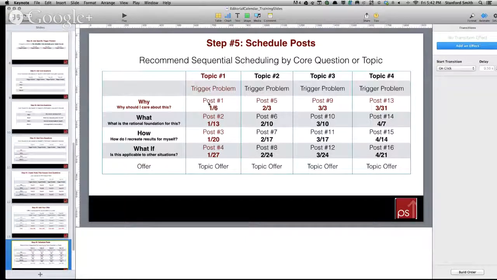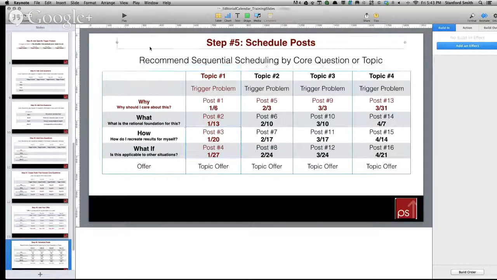I don't think you should do post number 1, then move to post number 16, and then up to post number 5. What I would rather you do is focus on one topic and have all of your posts around that one topic. So you would go through topic number 1, and I have it here for you: 1/6, a week later 1/13, 1/20, 1/27, dealing with each one of these areas in a sequential fashion.